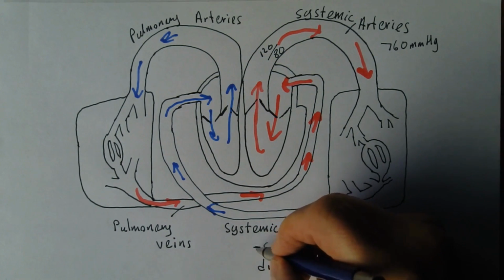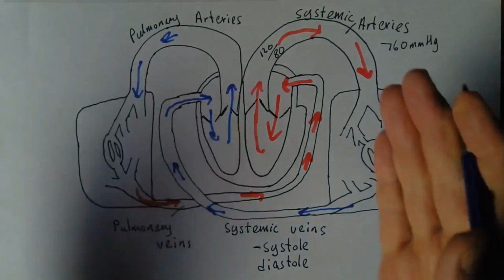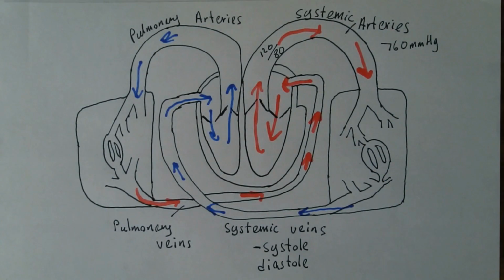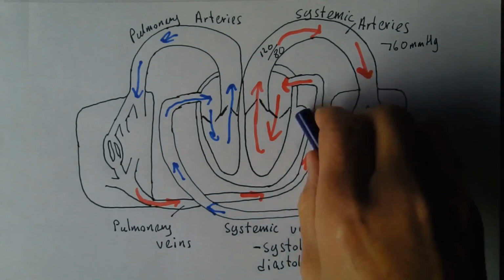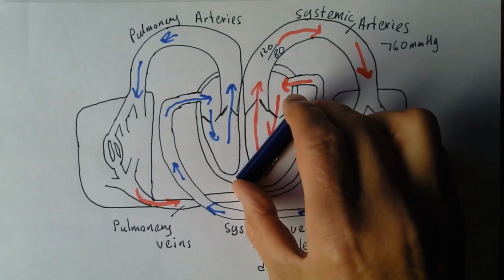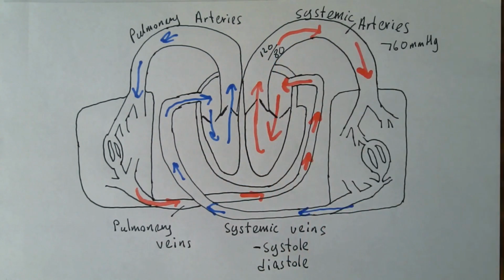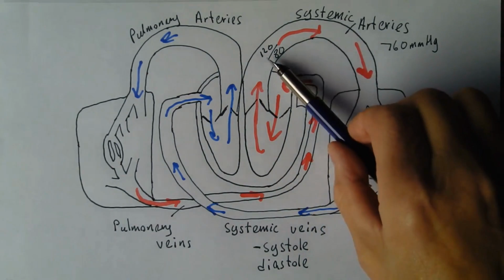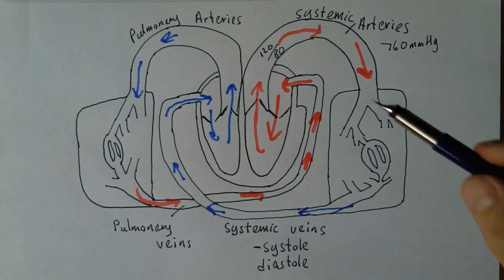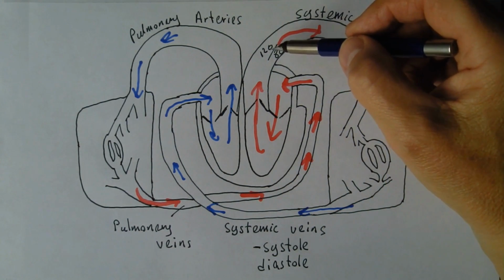Now, systole is when the ventricle is contracting, or ventricular systole is when the ventricles are contracting. So as this ventricle contracts, it's going to increase the pressure of the blood in the ventricle, ejecting the blood into the systemic arteries. And that's going to generate a pressure of about 120 millimeters of mercury.